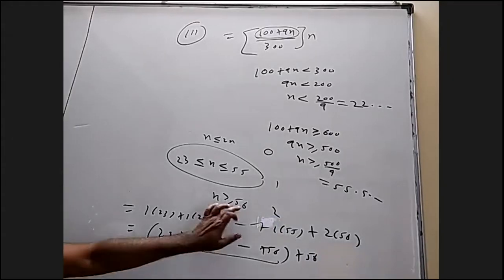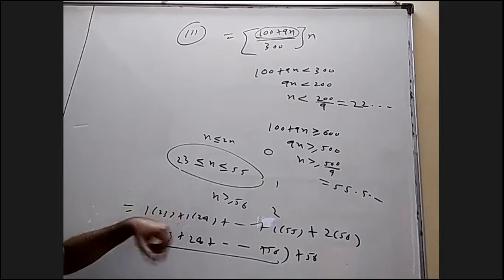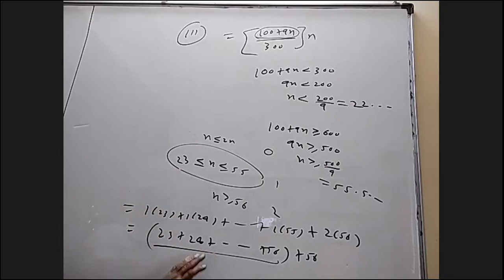In fact, it is 56 minus 23 is 33, plus 1, 34 terms. In fact, you can use n by 2 times first term plus last term. 34 by 2 times 23 plus 56, and then add 56.